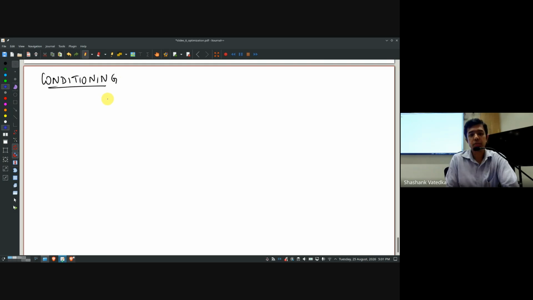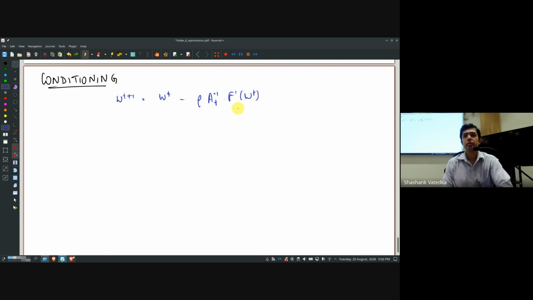So basically, instead of running the standard gradient descent, what we want to do is something similar to this. W_{t+1} is equal to W_t minus maybe some learning rate rho times A_t inverse times f prime of W_t, where this f prime can be a stochastic gradient.